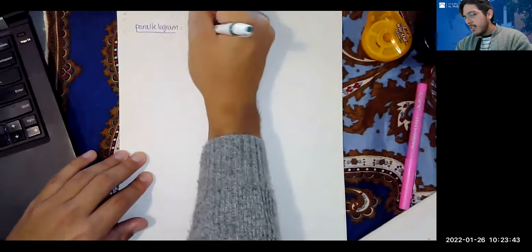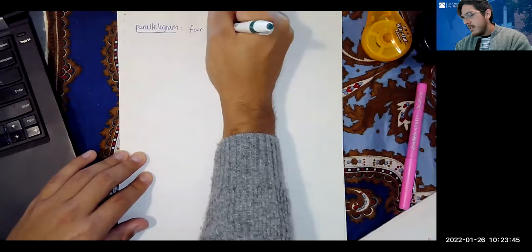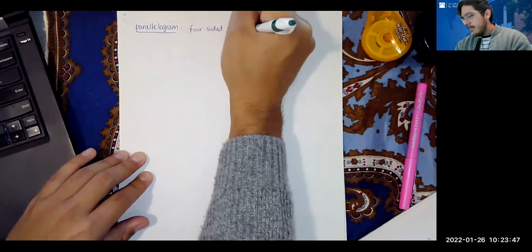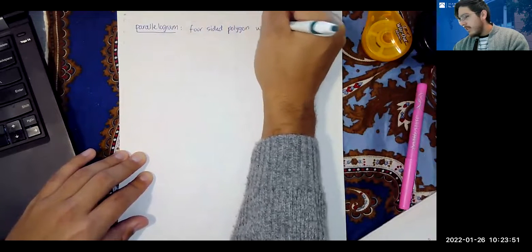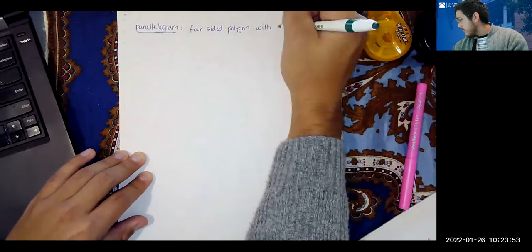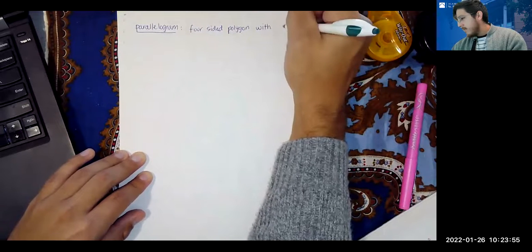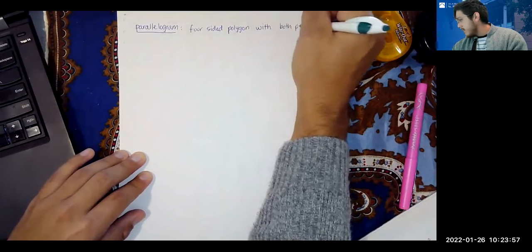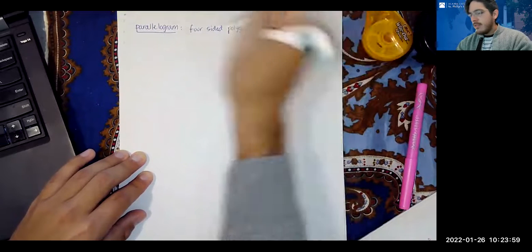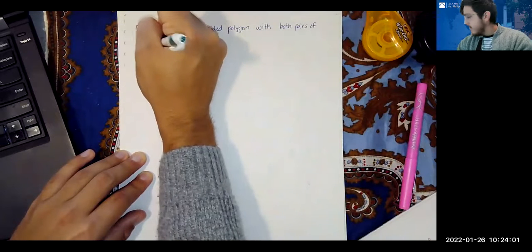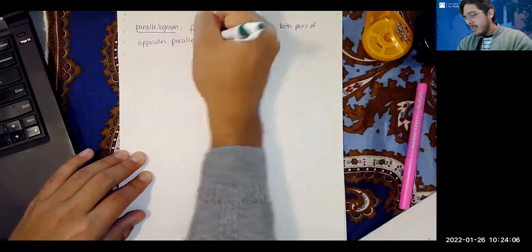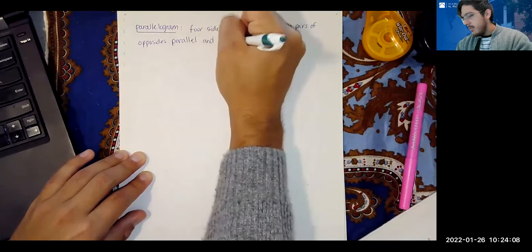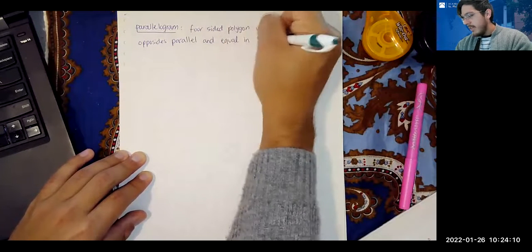This is another 4-sided polygon with both pairs of opposite sides parallel and equal in length.